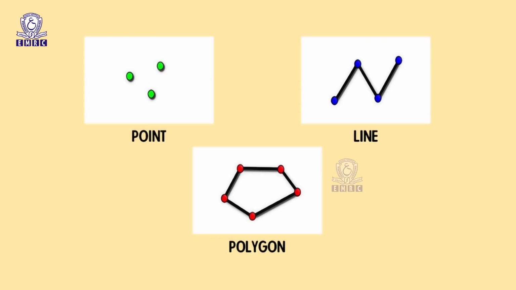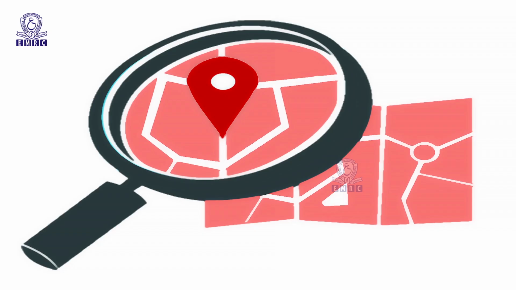Vector data also provides an increased ability to alter the scale of observation and analysis. Each coordinate pair associated with a point, line or polygon represents an infinitesimally exact location, albeit limited by the number of significant digits and or data acquisition methodologies.